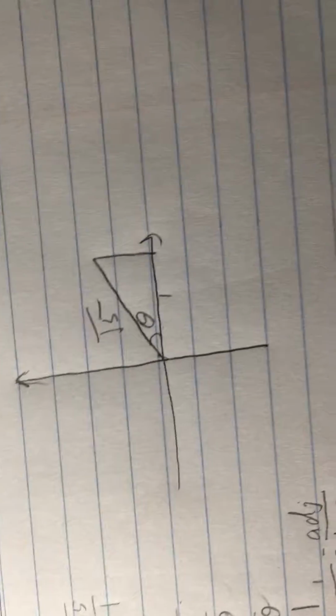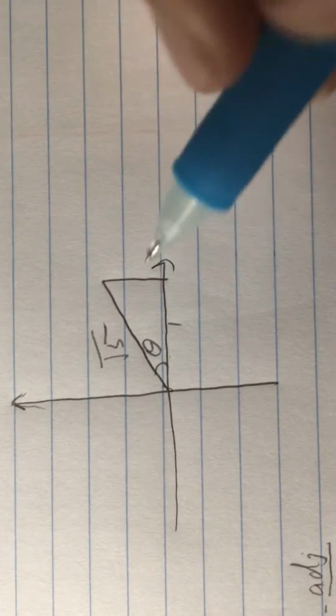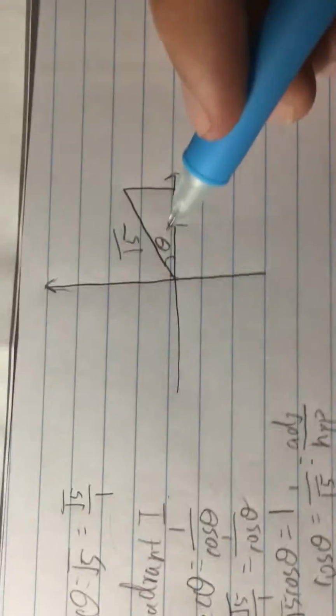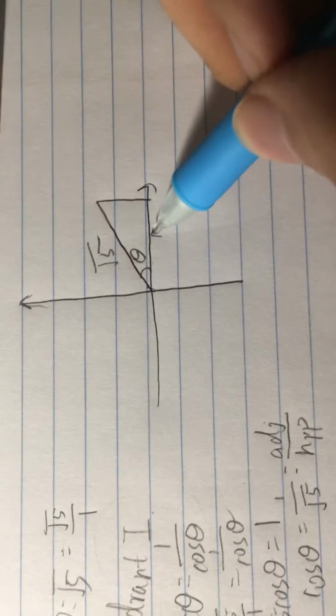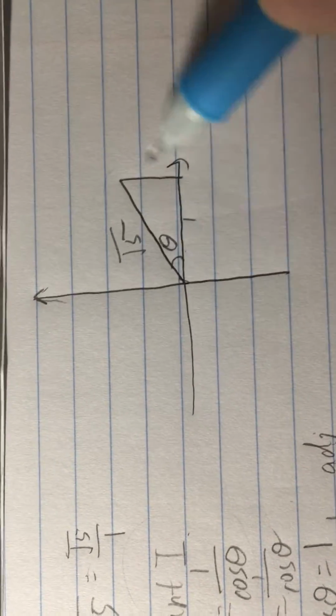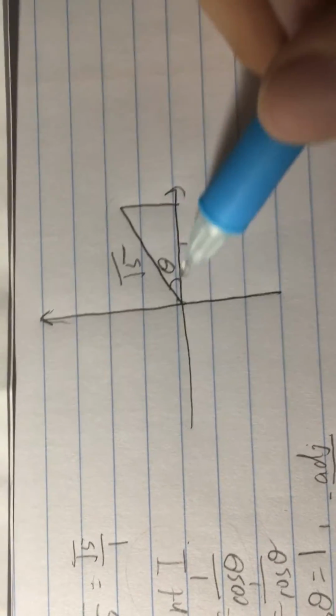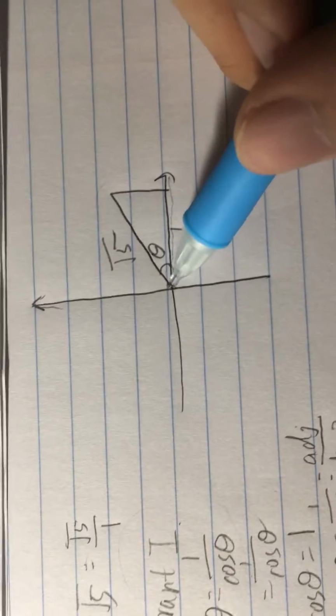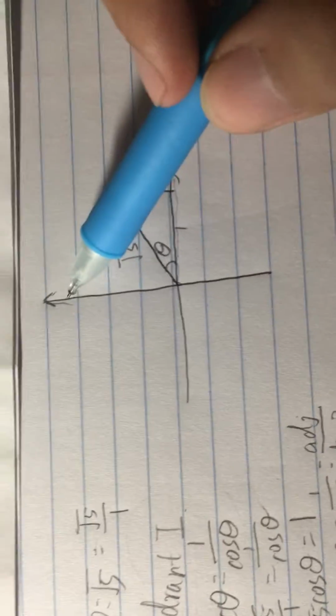And the thing you should concentrate on when you get the value of the angle is to decide whether the number should be negative or positive, because this angle is in quadrant 1, and we all know this is the positive x-axis and this is the positive y-axis.